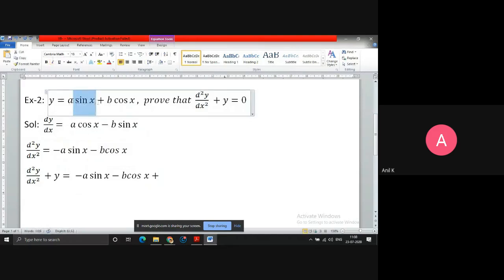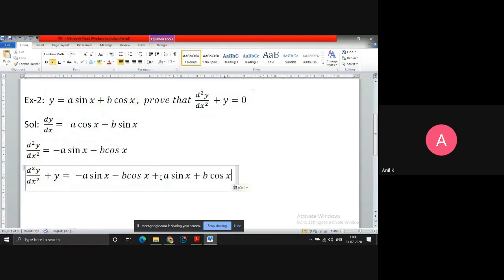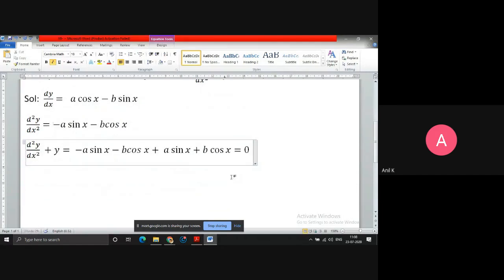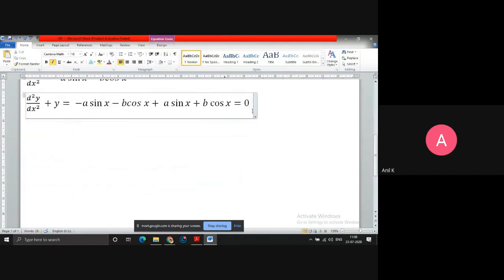It is given as a sin x plus b cos x. Now if you see here, minus a sin x plus a sin x both will get cancelled, and minus b cos x plus b cos x also will get cancelled. So we are left with 0. So I got d square y by dx square plus y equals 0.